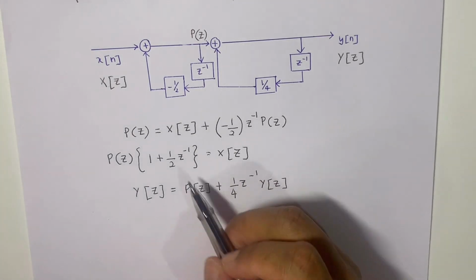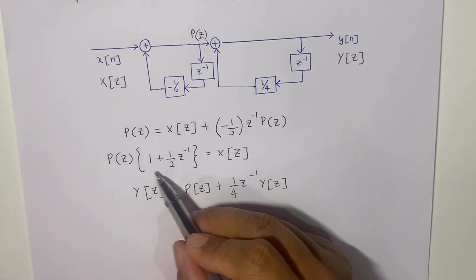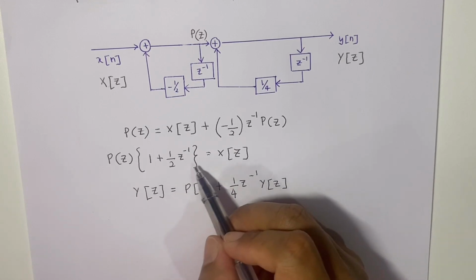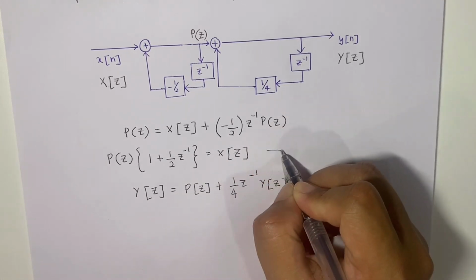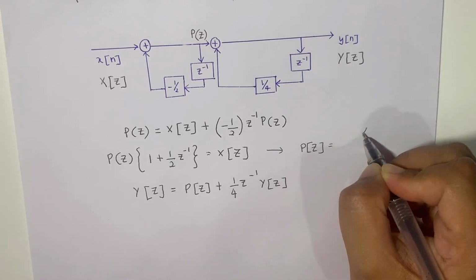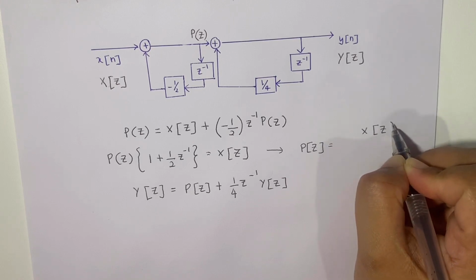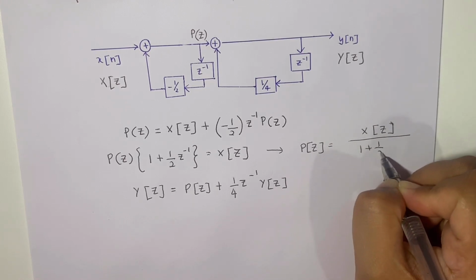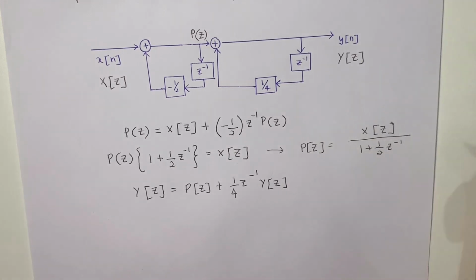Okay, now we can substitute Pz, which comes from the previous equation. So here we have Pz equal to X(z) over 1 plus 1 over 2 z to the power of negative 1.